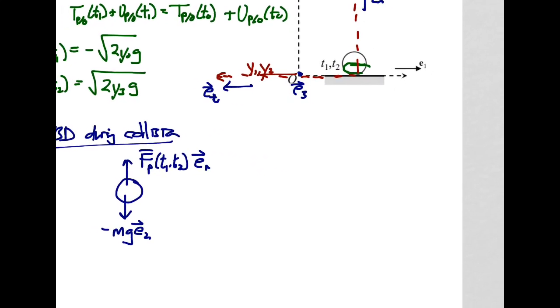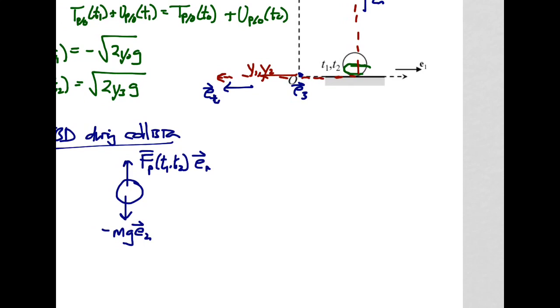And so linear momentum from time 1 to time c is mass of P, Vp at time c, is equal to mass of P, Vp at time 1, plus the impulse from time 1 to time c.